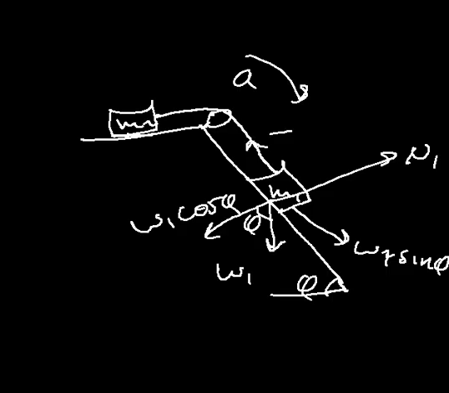We have the tension force T1. Since the surface is rough, there is Fk, which is acting against the direction of the motion. In this case we also have the tension force T2. And since the surface is rough, there is also Fk. By the way, I'll call this Fk1 and this Fk2.